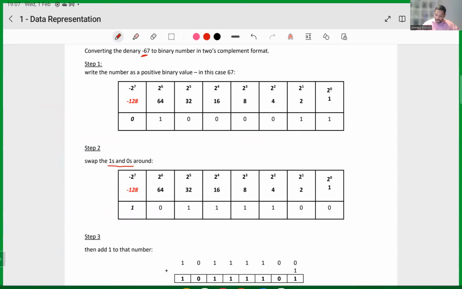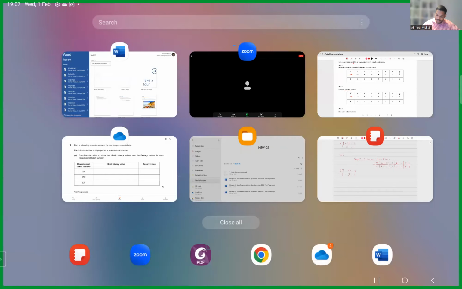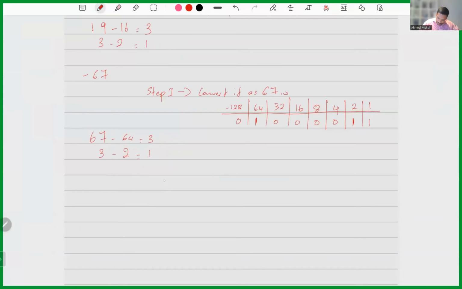So we swap this answer. It would be 1 0 1 1 1 1 0 0. I have done the swapping.